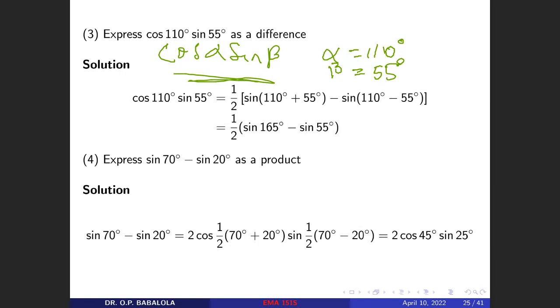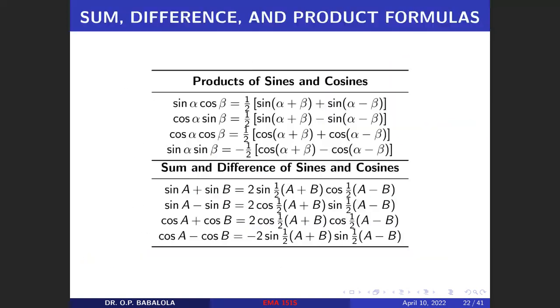Express sine 70 minus sine 20 as a product. Let's go back to our formula. Here you have sine alpha minus sine beta. Okay, this is the formula we're using.